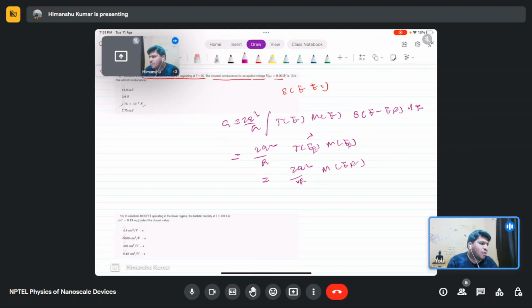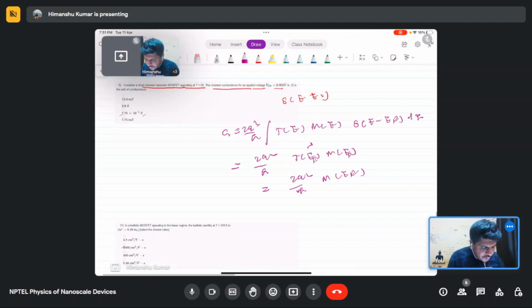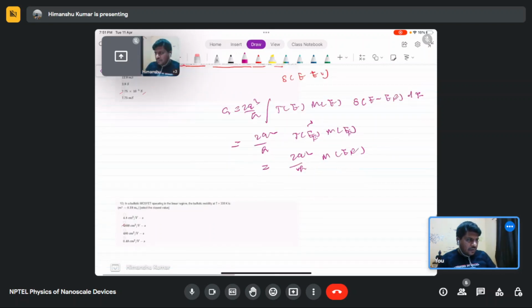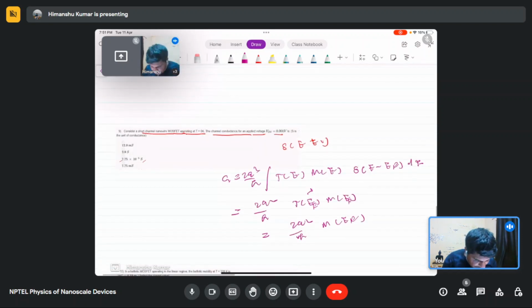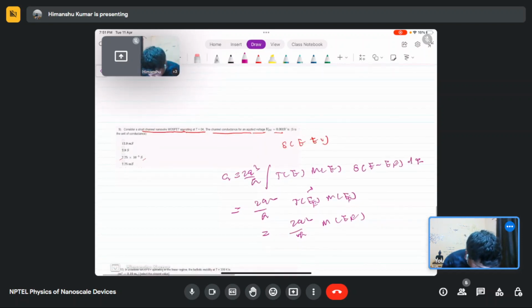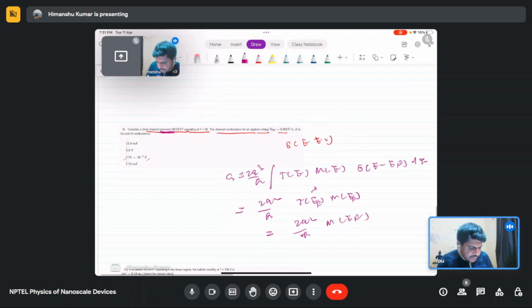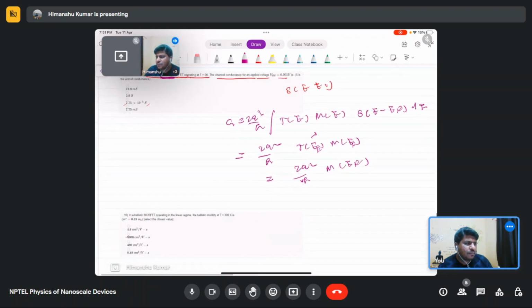To find the mode at energy level EF, we need to find the density of states multiplied by the velocity and integrate. It is given as a nanowire MOSFET, so the mode will be constant.